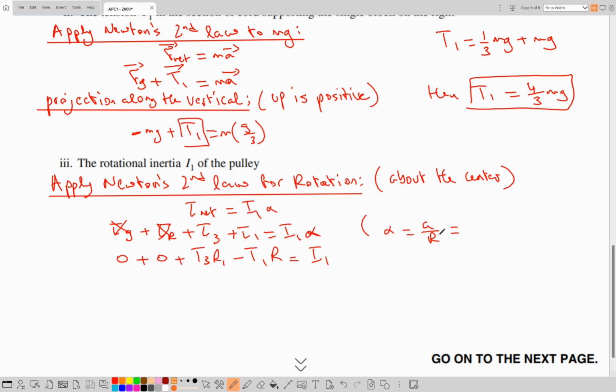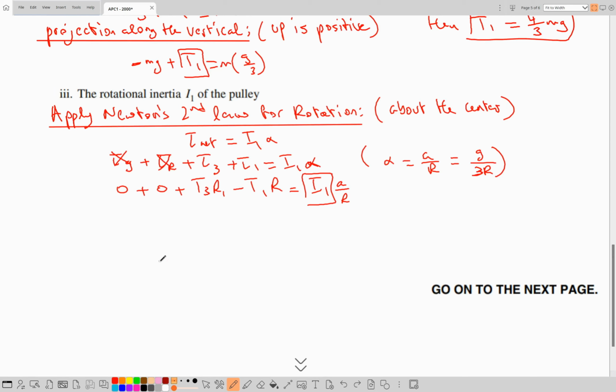And we know that a is given by g over 3, so that would be 1 over R multiplied by g over 3, or let me represent it like that, g over 3R. So that would be a over R, and we're interested in determining I1.